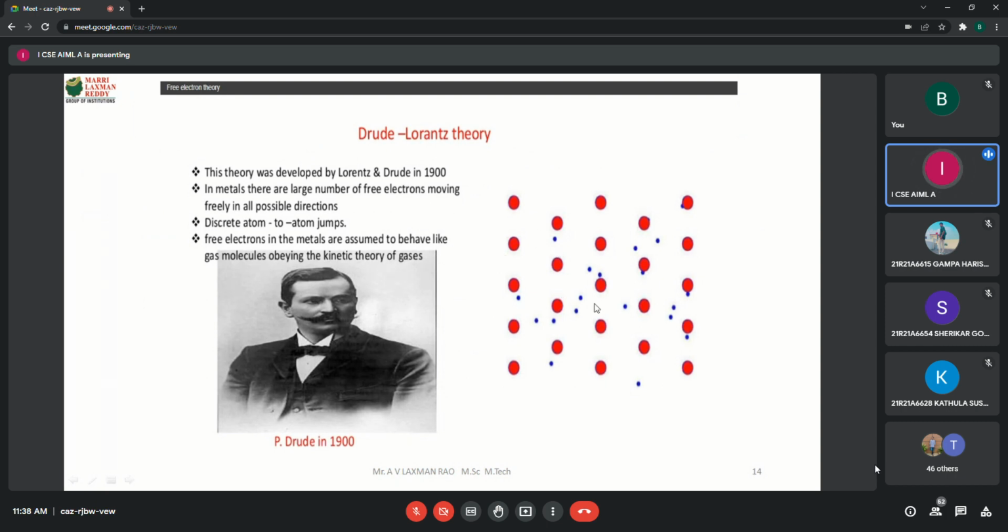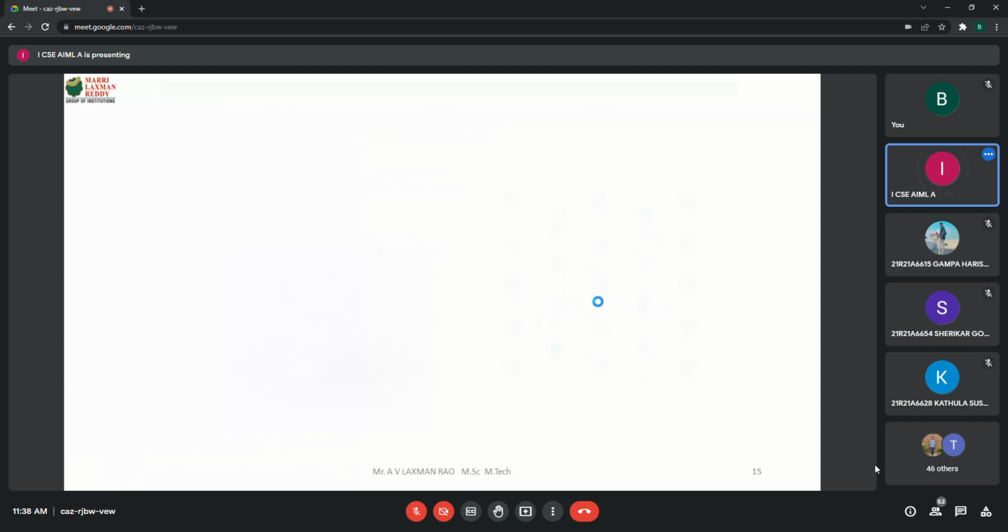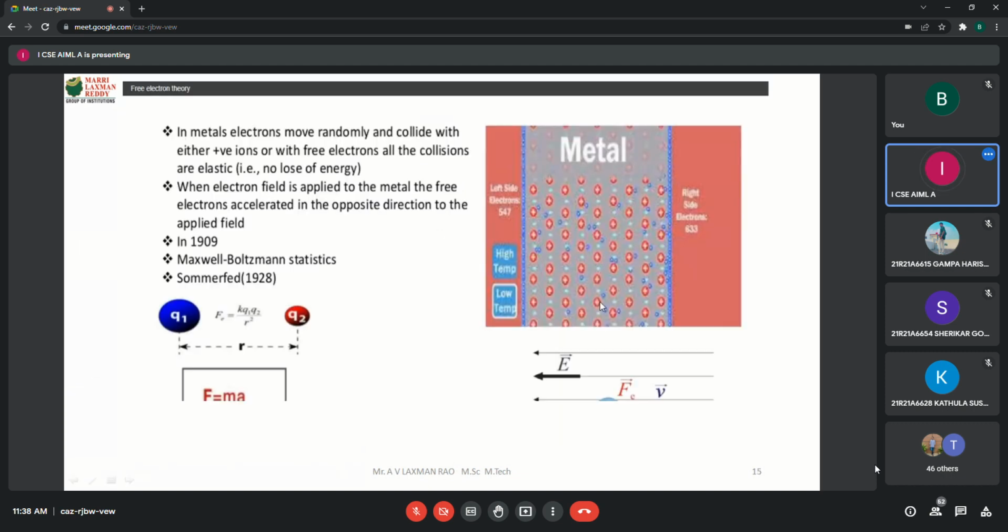That is the main thing he assumed. These electrons are moving within the metal very freely, like gas molecules. It's what we call the free electron gas model. These are responsible for electrical conductivity. That is how Drude and Lorentz modeled it.